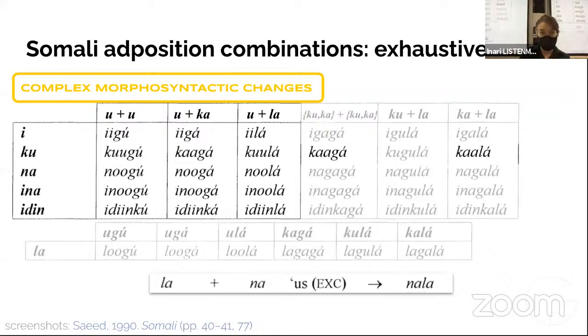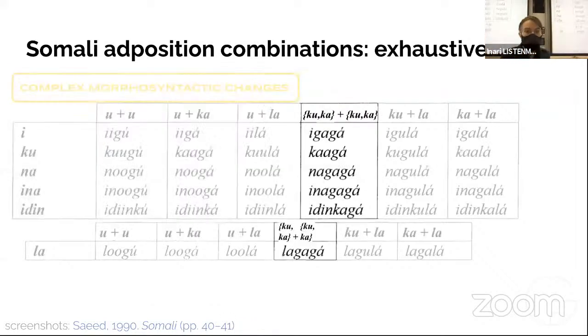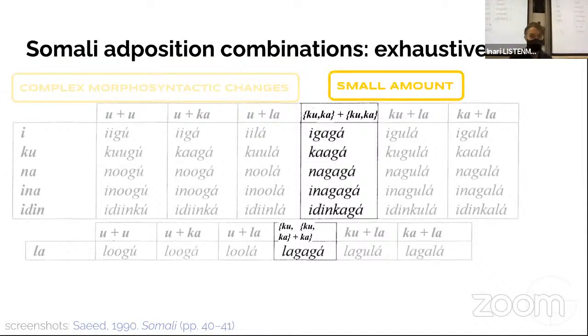And then when we look at this, they're pretty gentle. A lot of them, it's not that many forms. There could be 16 combinations if we have 4 times 4, but this is actually just 6 here. So I would say that it's a rather small amount.